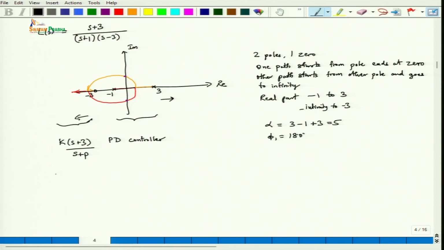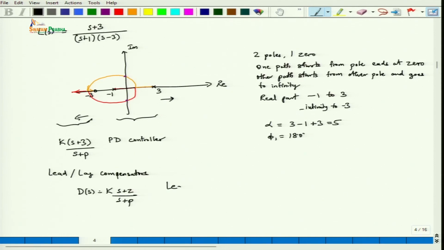So these kinds of controllers are called lead lag compensators, and their general structure is of the form, there is some gain times s plus z divided by s plus p.